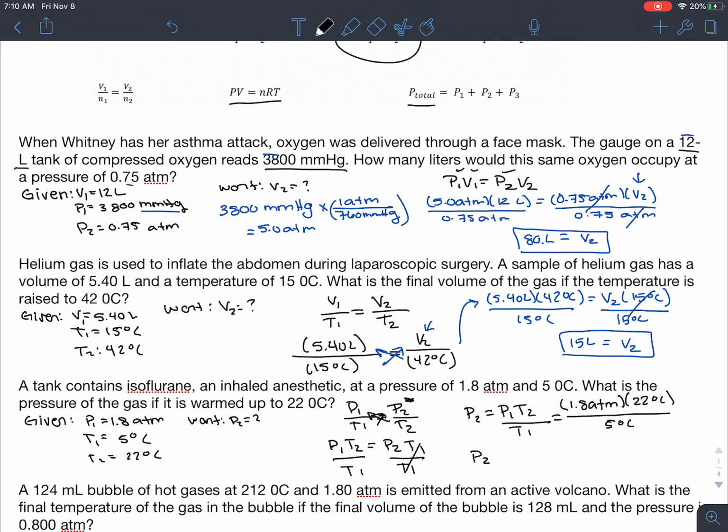And then your second pressure is 1.8 times 22 divided by 5. So 7.92. You want 1 sig fig, because 5 degrees Celsius is just 1 sig fig. So 8 degrees Celsius is the answer. And it's not Celsius, whoops, it is atmospheres, because Celsius cancels. So 8 atm.